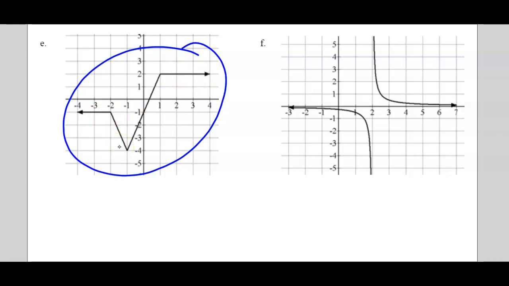Okay. Next one, this is two parts, but recognize it. That's a rational function. Okay, so it'd be some stretch on y equals 1 over x minus 2, because there's going to be an asymptote there. So if I say, oh, you wanted to find it, y equals 1 over x minus 2.